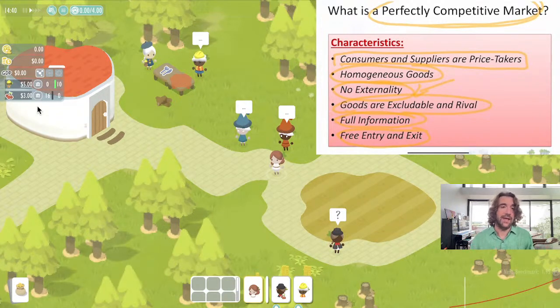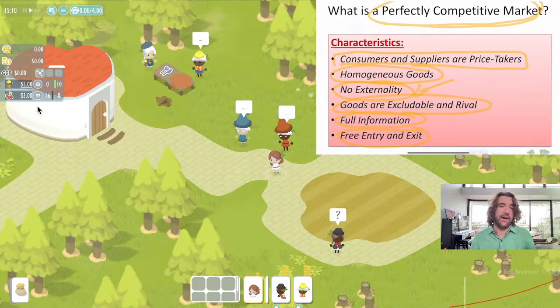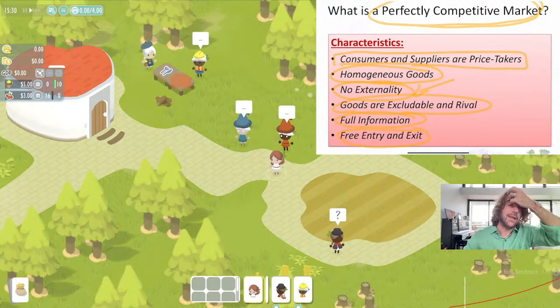Nobody is forced to stay in. All together, all these characteristics define what a perfectly competitive market is. And in this particular level, what we have presented here as the red berry market, in fact, satisfies all those assumptions. Fantastic. This is the perfectly competitive market in action.